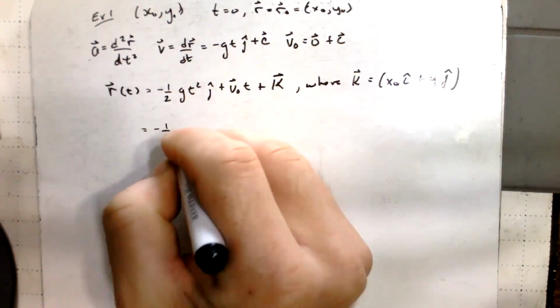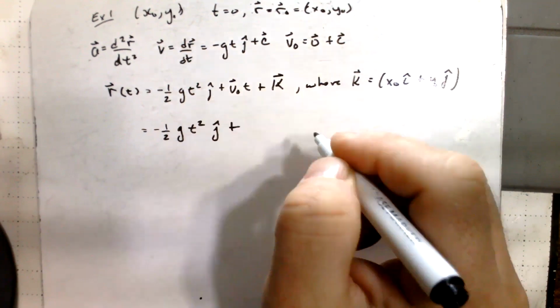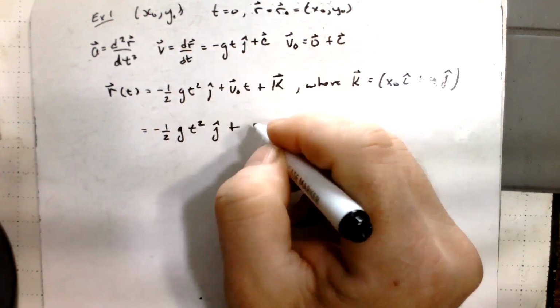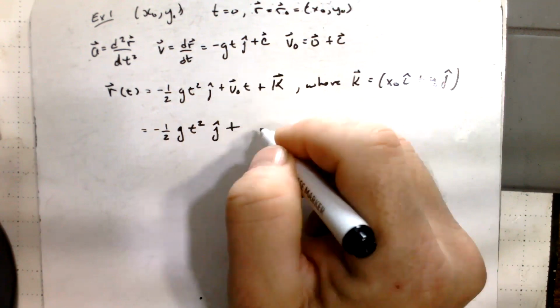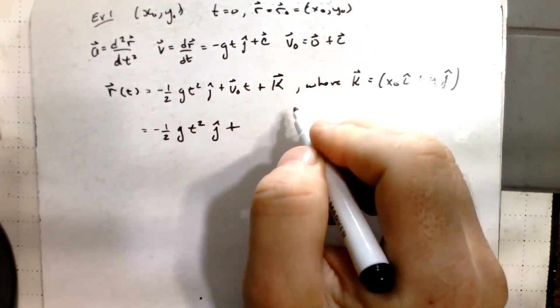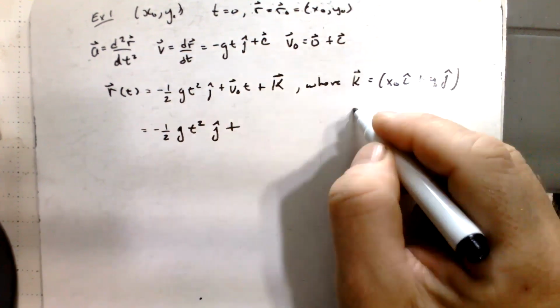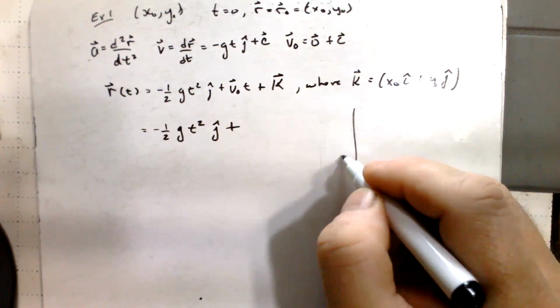We get negative 1/2 gt squared in the j hat direction plus v0 is going to be broken down. I guess maybe a picture would be helpful here. So let's look at that. Let's motivate where these pieces are coming from.